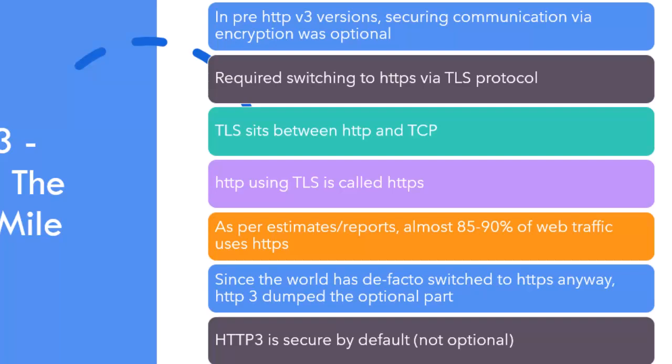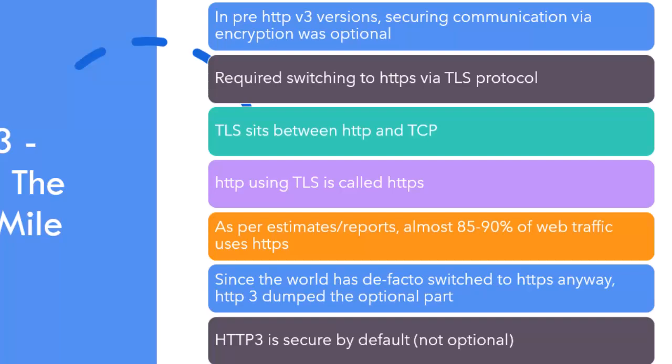As per various studies, almost 85 to 90% of web traffic is already on HTTPS and not on HTTP. This means all these websites first establish a TCP connection, followed by a TLS handshake of multiple message exchanges involving latency, and finally are able to start communication on HTTPS via encrypted or secure messages.